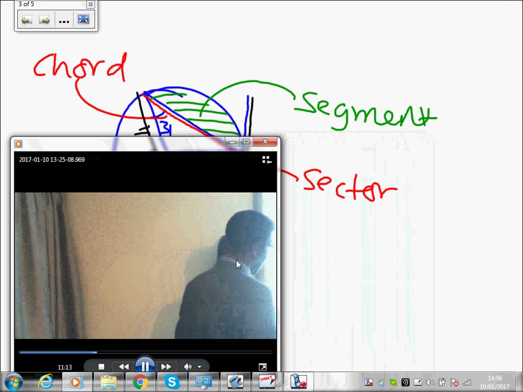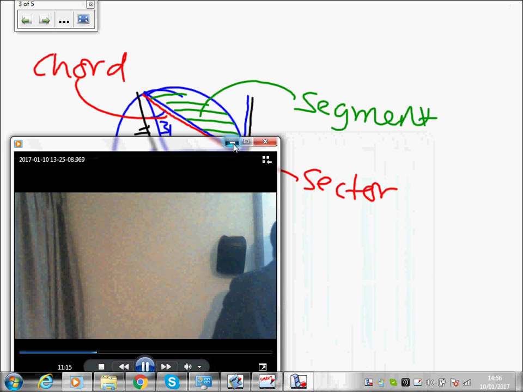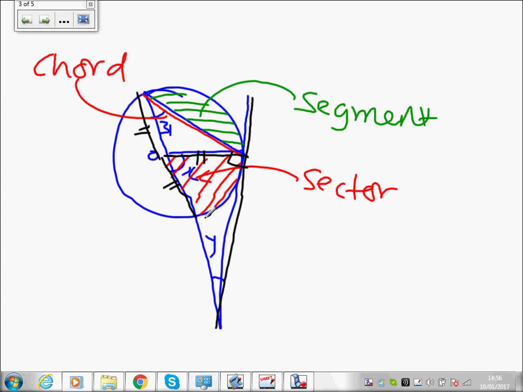So show me. Let's identify. Here we can see there's a segment here. That is a segment, right? Okay, can you see a chord? I'll just trace on the blue line. That is a chord.